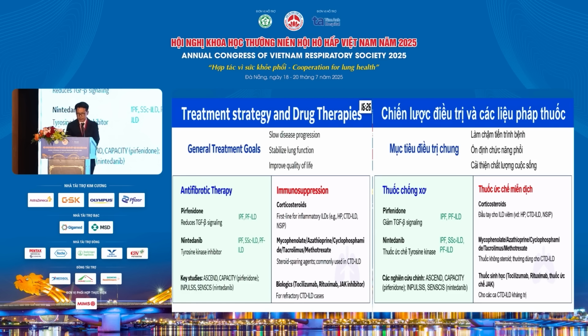This is a summary of antifibrotic drugs and immunosuppressive drugs. Antifibrotic drugs include pirfenidone and nintedanib. Nintedanib has evidence for IPF and PF-ILD. Pirfenidone has evidence for IPF, SSc-ILD, and PF-ILD, and autoimmune disease ILD.